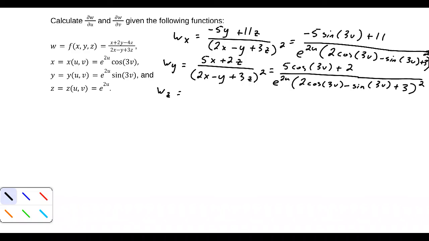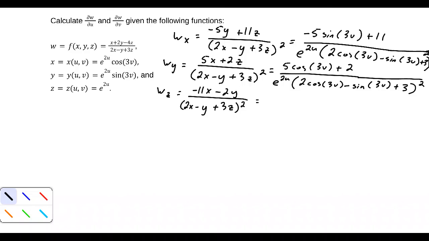Finally, wz, with our quotient rule, is equal to a numerator of -11x - 2y, and a denominator of (2x - y + 3z) squared.